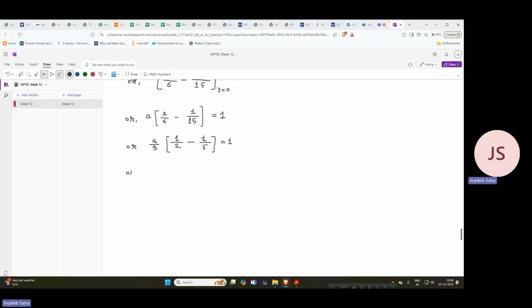Or it is a upon 3 into 5 minus 2 over 10 is equal to 1.